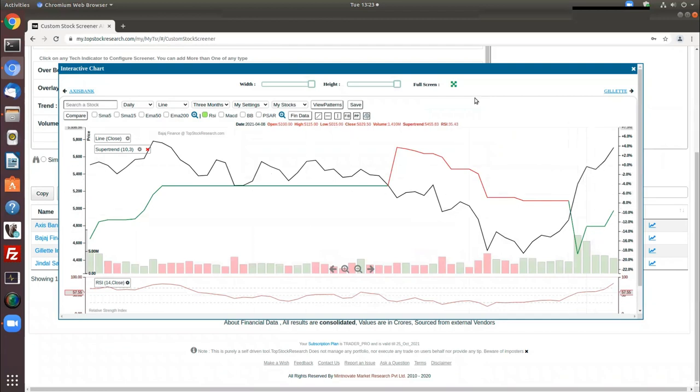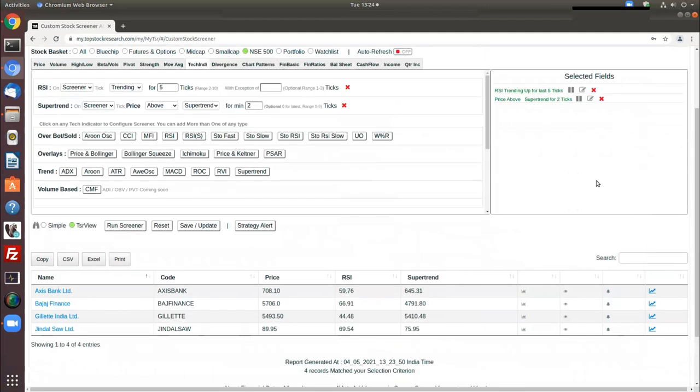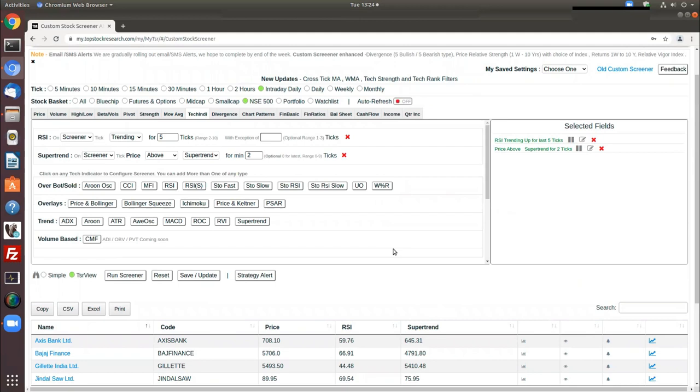So you don't have to go again and select these parameters. Super trend is selected as well as RSI. So this is pretty much about technicals. Won't go too deep into it at this stage. We'll cover this aspect at a later slide.